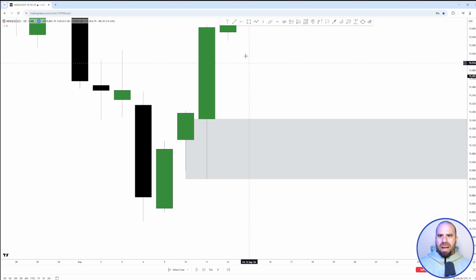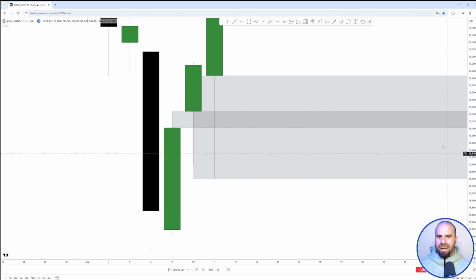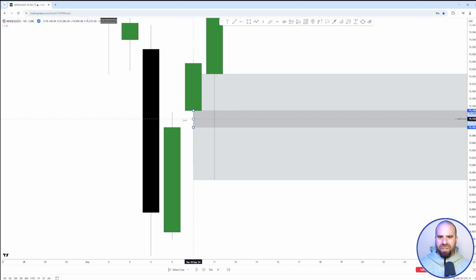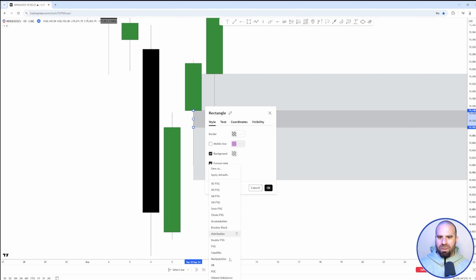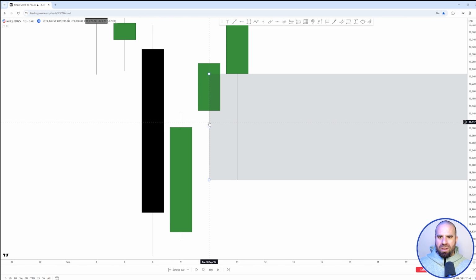And the answer, guys, is that I have a volume imbalance from the daily time frame. This gap that you see, I will name it volume imbalance, of course. The gap that you see that is created from the body of this candlestick right here, those are daily candlesticks. We are on the daily time frame.